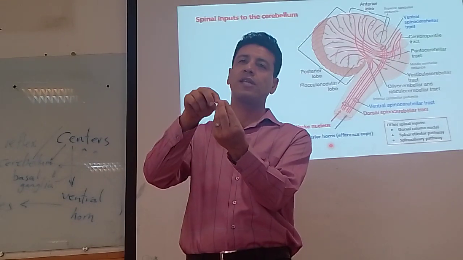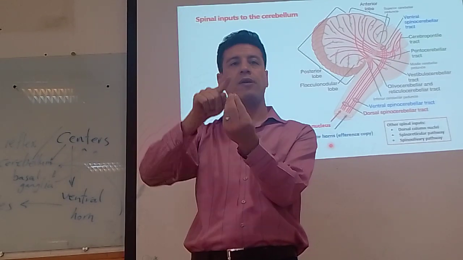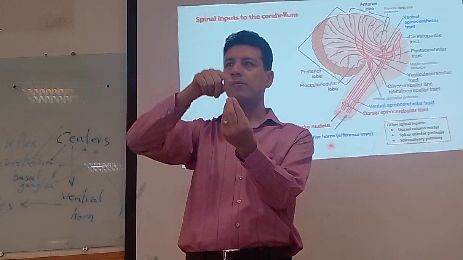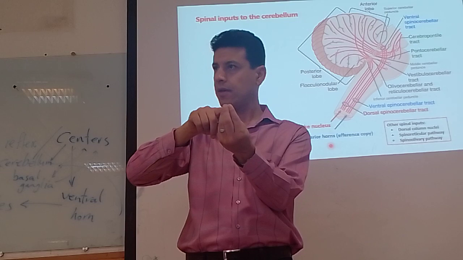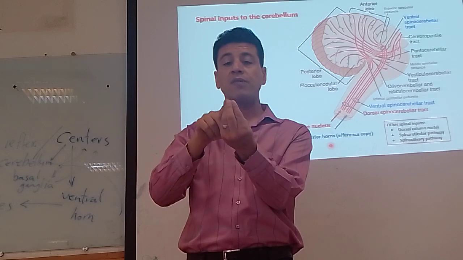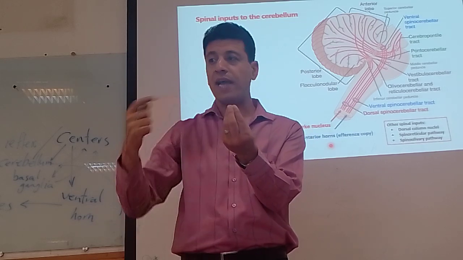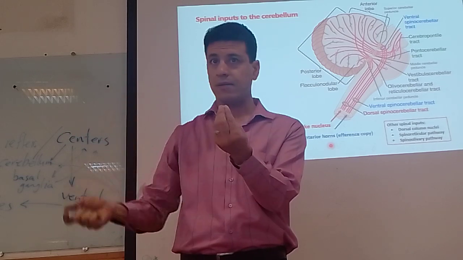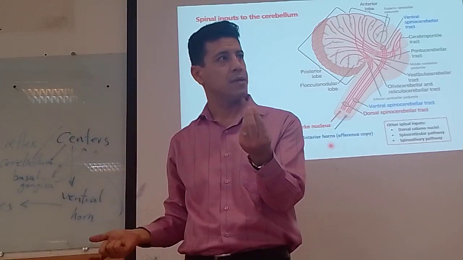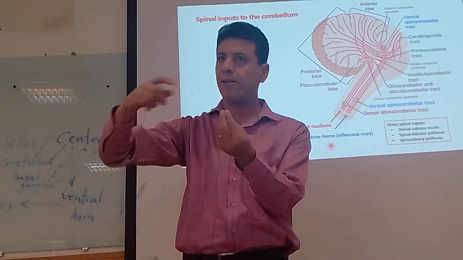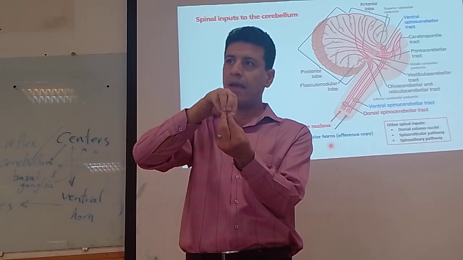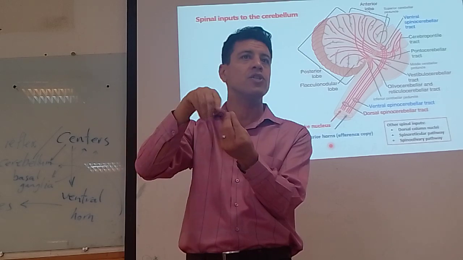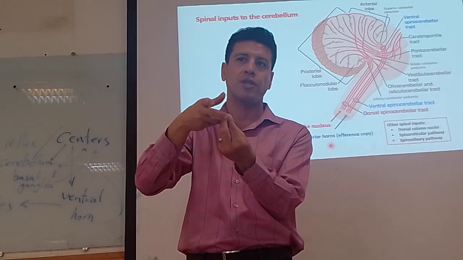What information reaches here? Corticospinal tract, reticulospinal, vestibulospinal, right? They also receive information from the muscles, reflexes, right? Stretch reflex, GTO reflex, withdrawal reflex, all of them come here. And we have also some internal pattern generators.